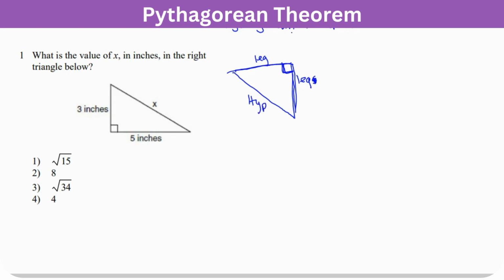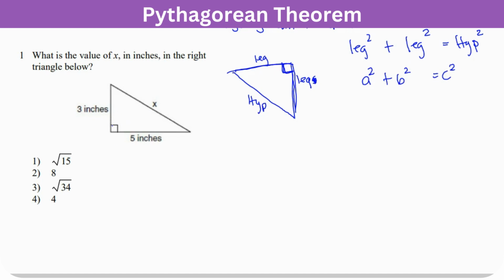And so according to the Pythagorean theorem, the square of the leg plus the other leg squared is equal to the hypotenuse squared, more commonly known as a squared plus b squared equals c squared, where a and b are your legs. Okay, so we will apply that in this problem.